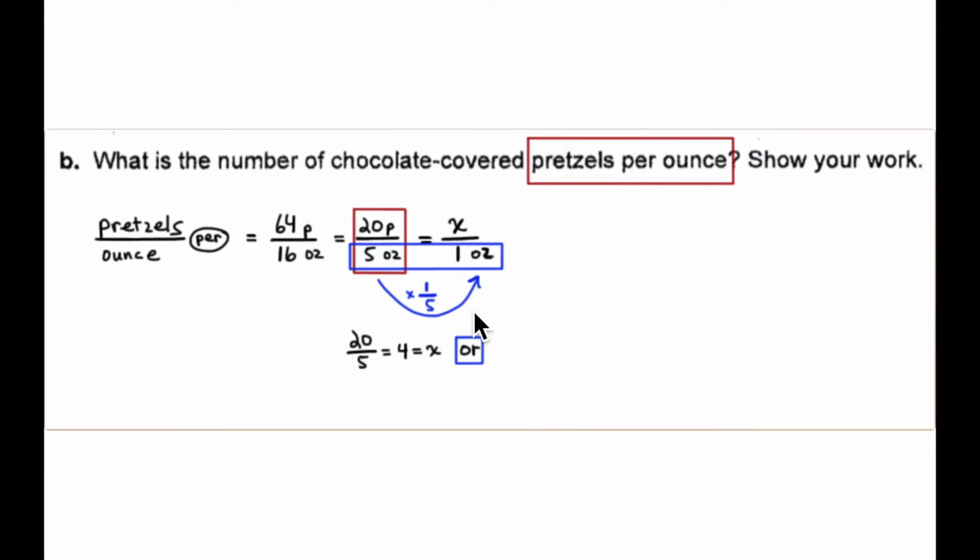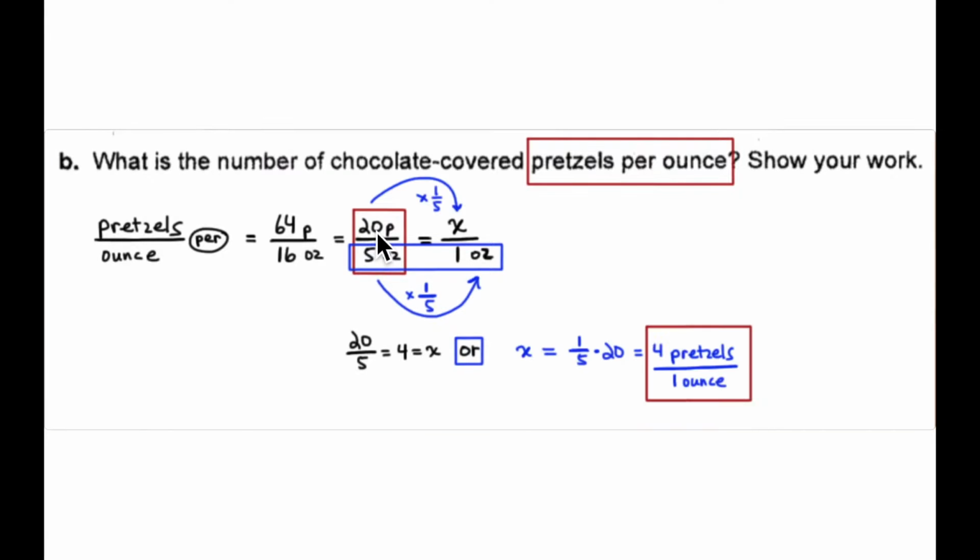Or use the proportion, and that's the whole idea. 1/5 of 5 ounces is equal to the 1 ounce. So 1/5 of 20 pretzels is 4 pretzels. That's how many pretzels you get in that 1 unit.